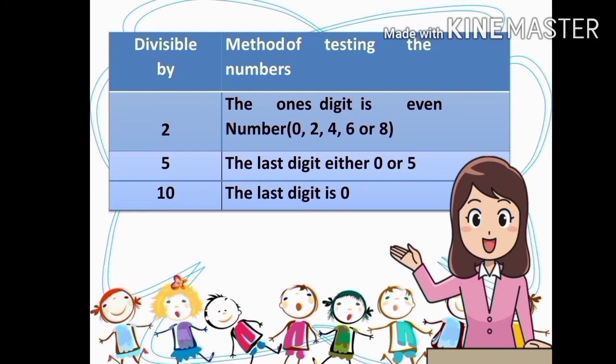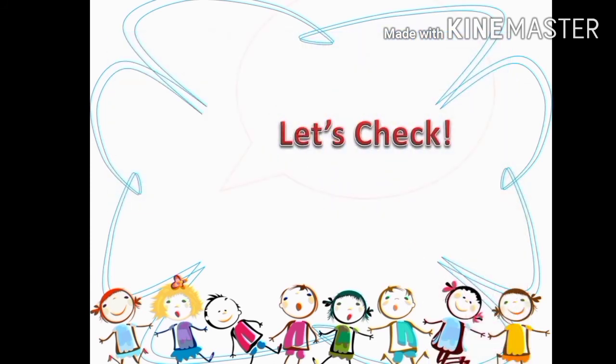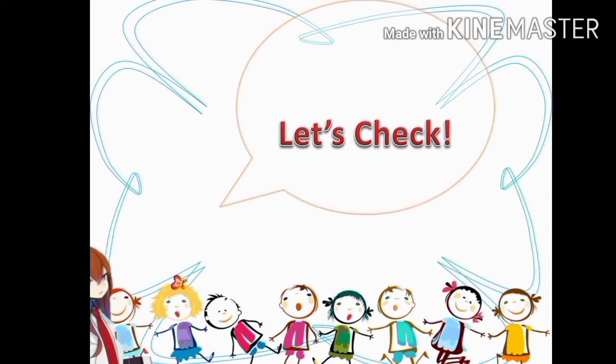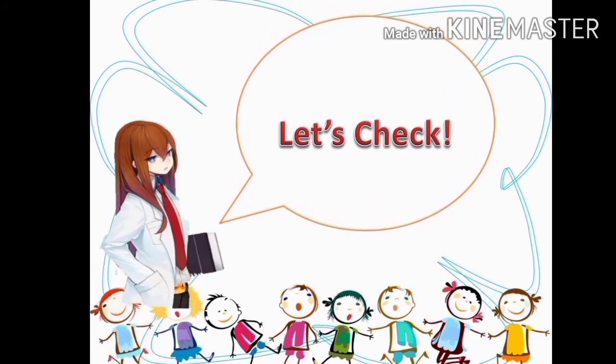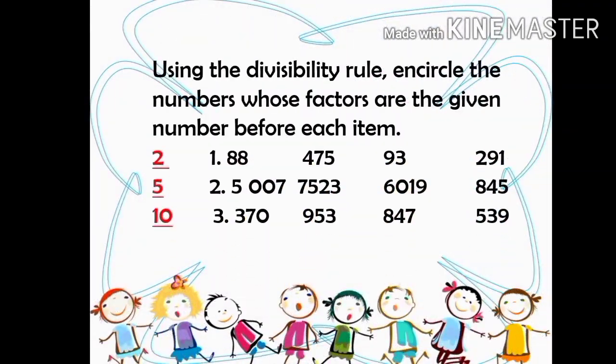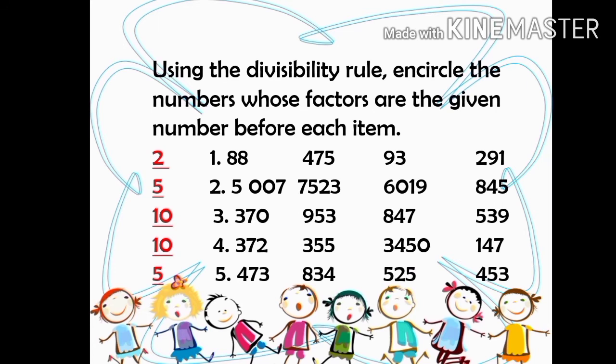So, let's check. Kindly get a clean sheet of paper and a ball pen. Let's try to answer this one. Are you ready? Please make sure that you have your ball pen with you and a piece of paper. Using the divisibility rule, encircle the numbers whose factors are the given number before each item.